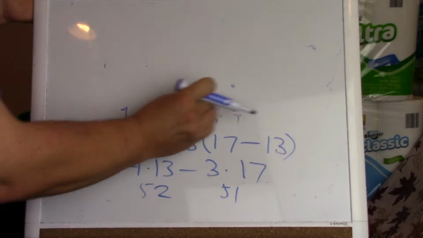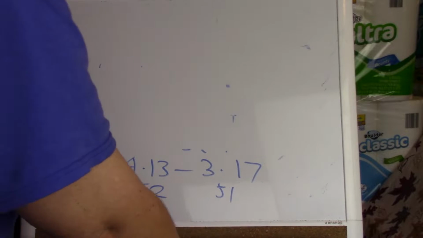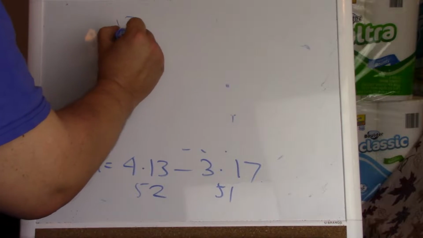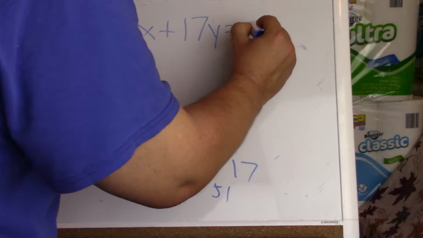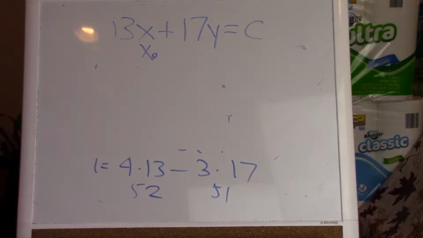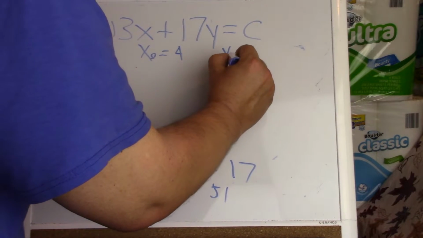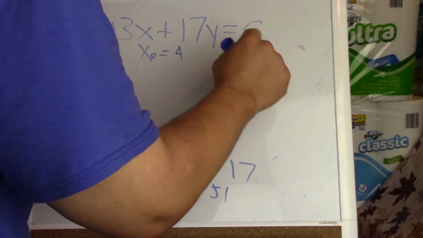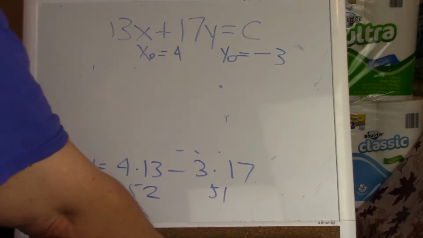Then we can write a diophantine equation of the type, and we will know that x0 is equal to 4 and that y0 is equal to minus 3. Okay?